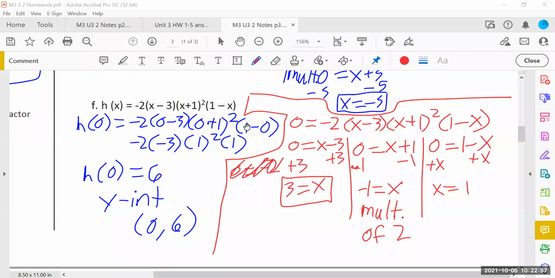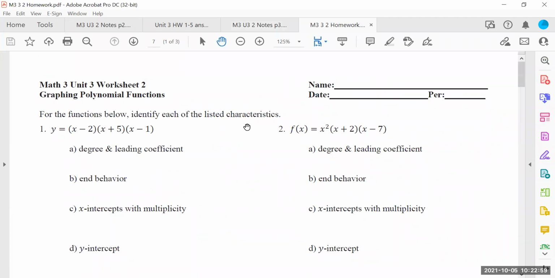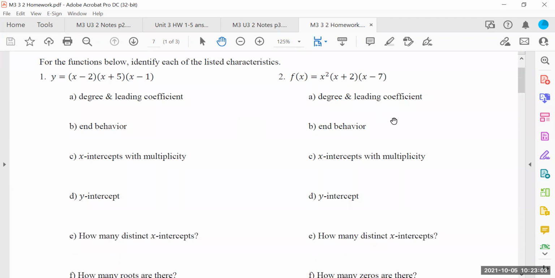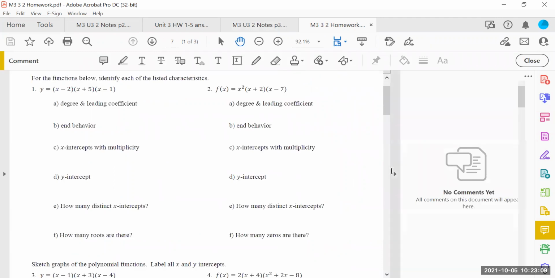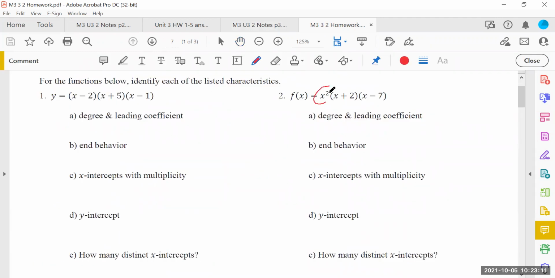There we go. All right, so I'm going to do number 2 with you real fast, and then I want you to try number 1. So number 2, degree and leading coefficient. I'm going to get those pieces by using our shortcut. X squared times x times x. X squared times x is going to be x to the 4th.